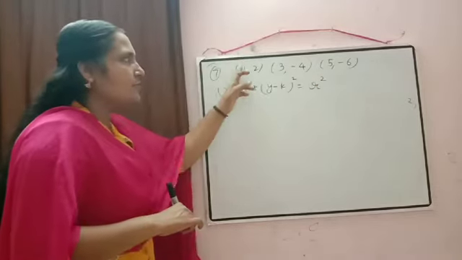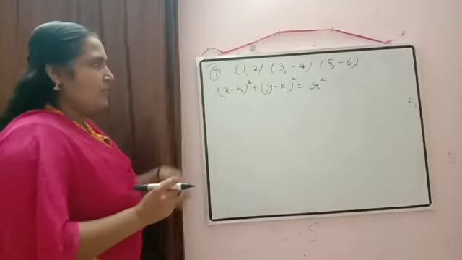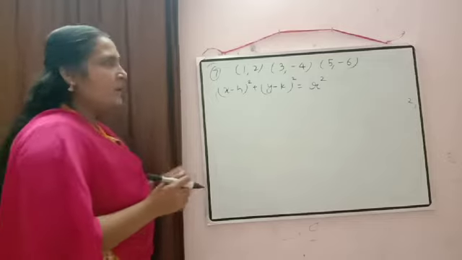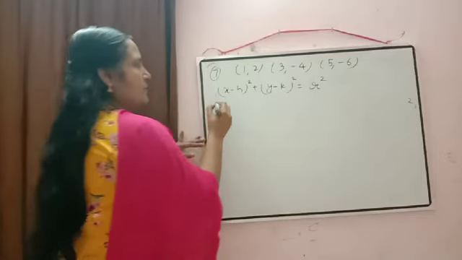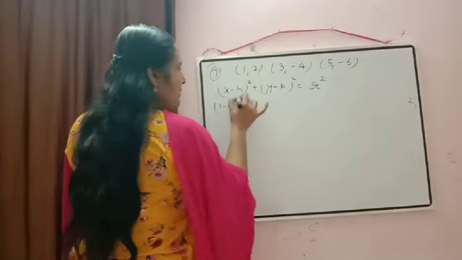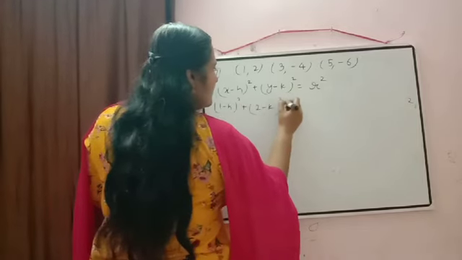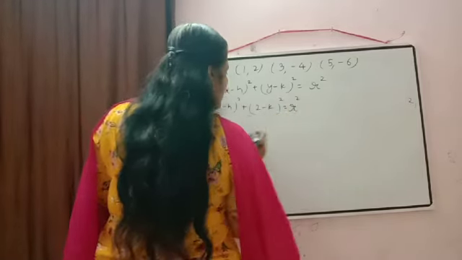Again information is given. It passes through the point 1, 2, so the point 1, 2 will satisfy the equation of circle. So substitute here 1, 2. Then we will get 1 minus h the whole square plus 2 minus k the whole square is equal to r square.